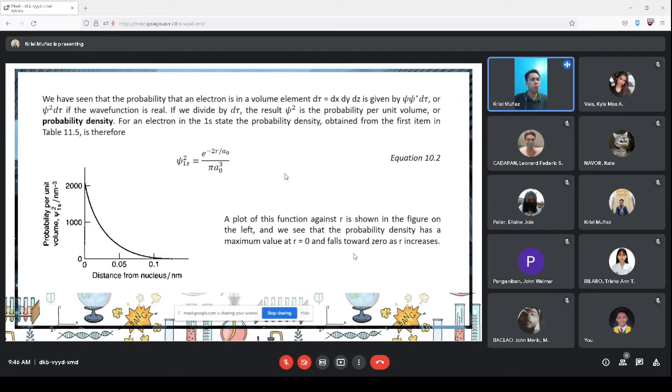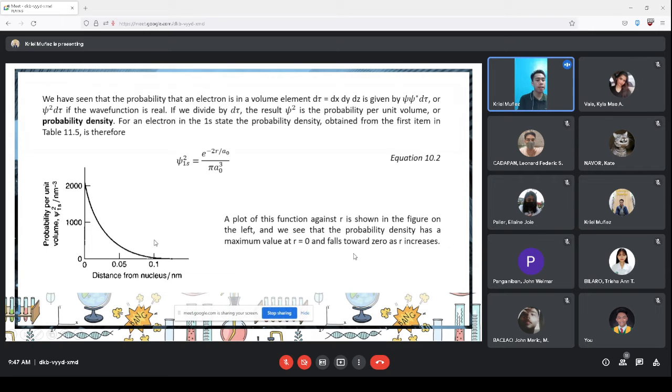So, of course, we are looking forward na real yung ating gagamitin kasi real naman yung ating mga values na hinihingi. So we have the psi 1s square na lang, assuming na real naman sila, yung wave function natin. So that is equal to e raised to negative 2r over the Bohr radius divided by pi multiplied by the Bohr radius cubed.